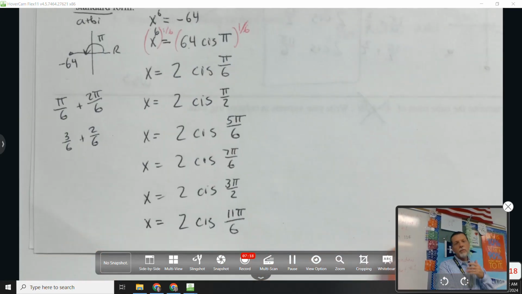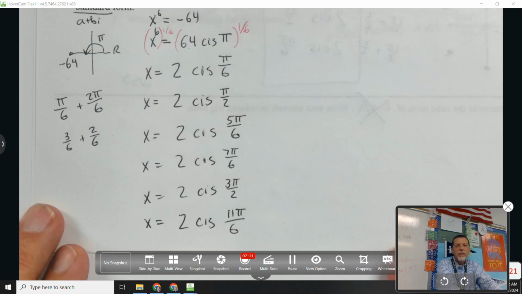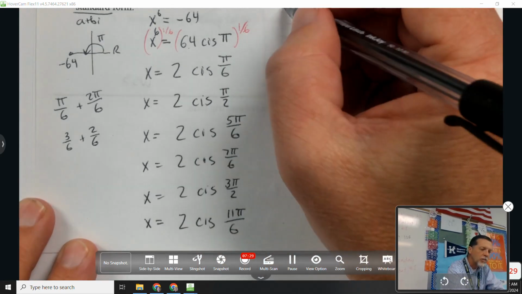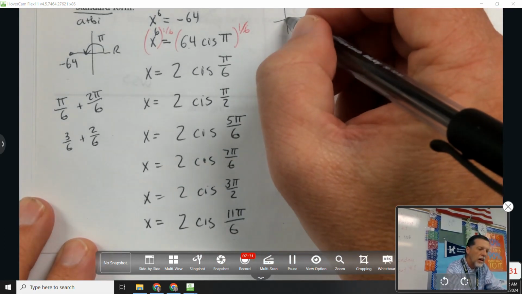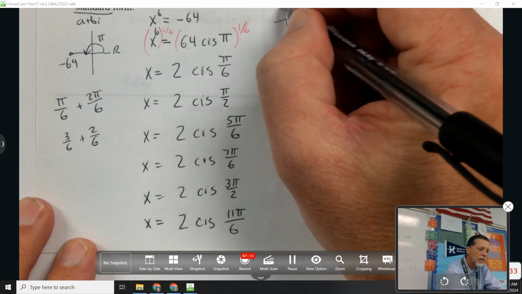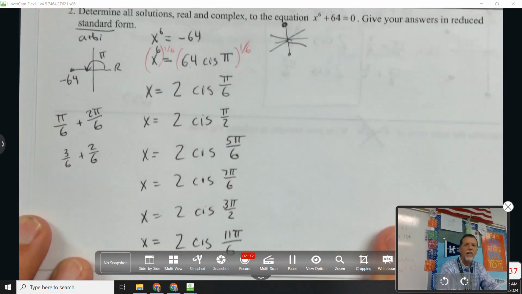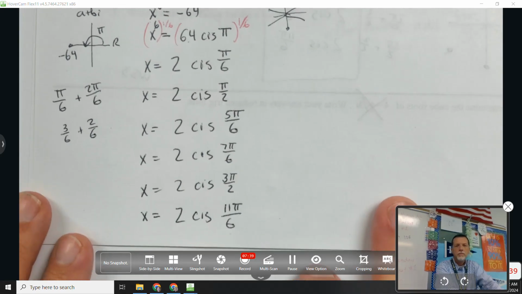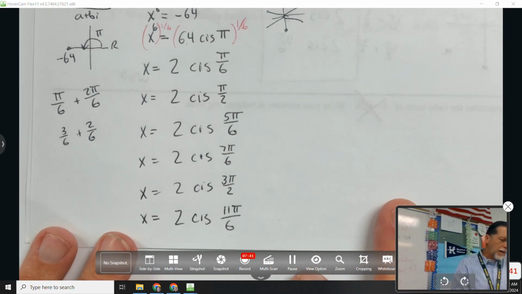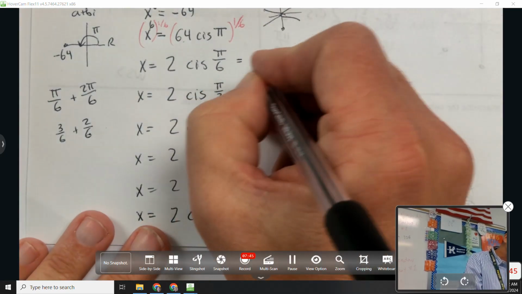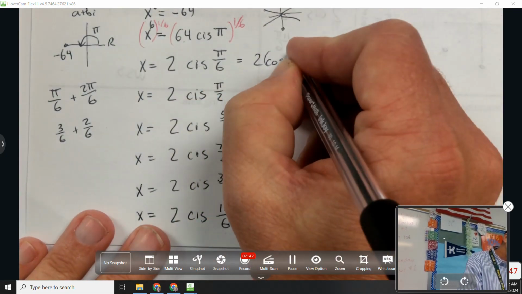And I guess if I wanted to confirm that, there are 2 things I could do. I could add 2 pi over 6 again and get back to where I started. I could graph those and visualize that all of those are equally spaced, and they are. I wish they would let us leave it in trig form because we'd be done. But instead, we have to convert.